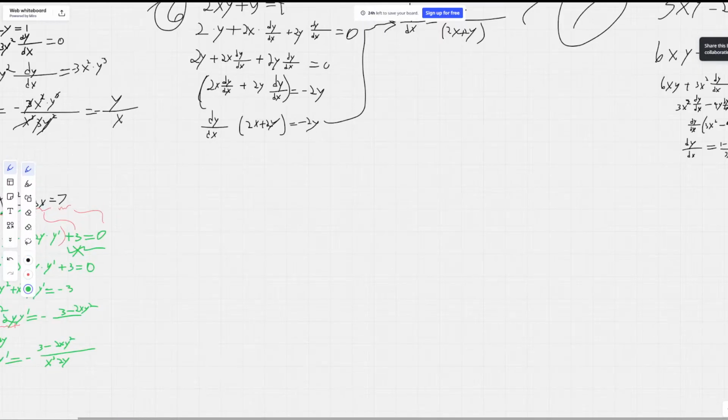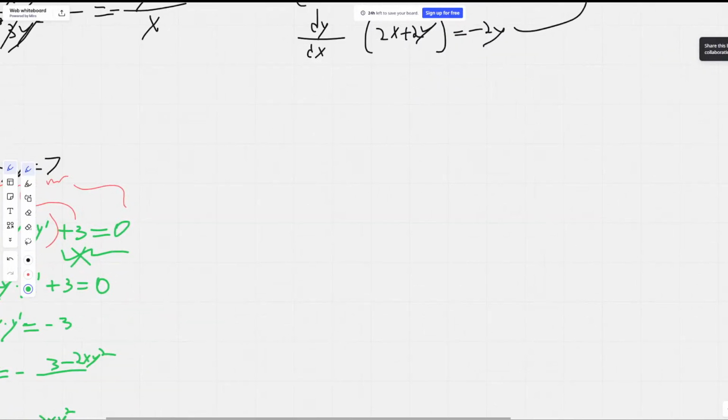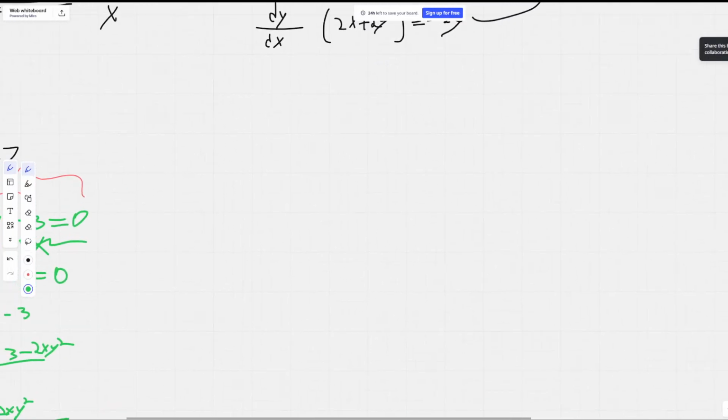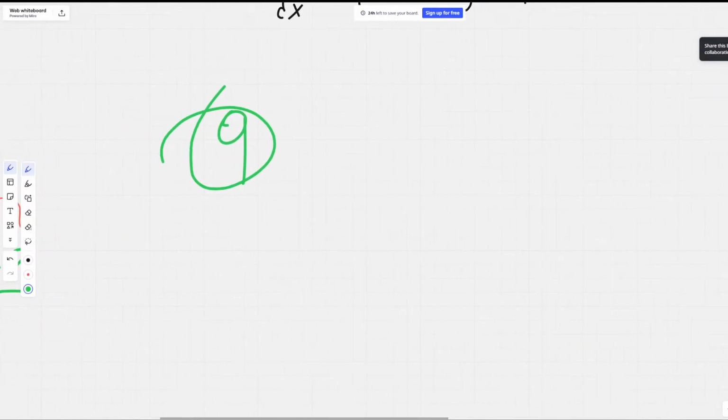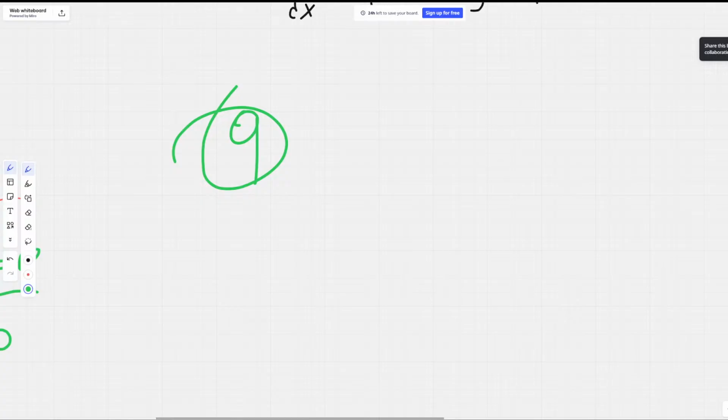With all that being as it is, I think I'd rather write with the other color, so we will do, what was that, 8? 9. Good enough. 9. Square root of xy minus y equals 3x squared.